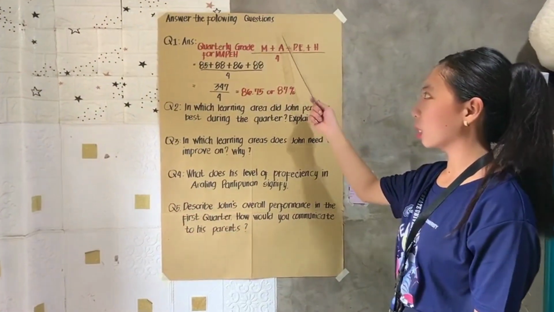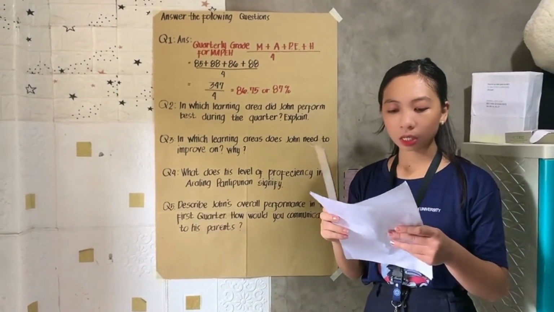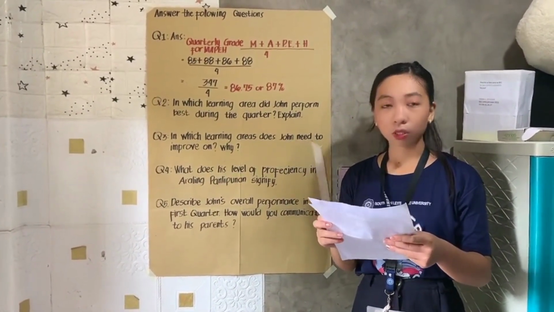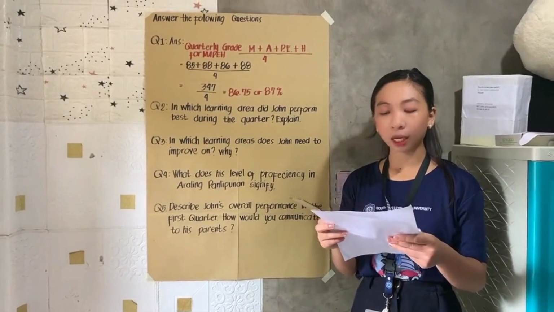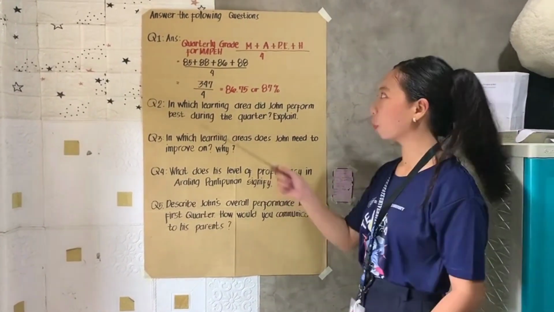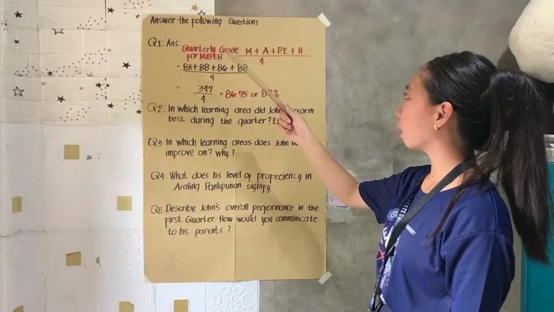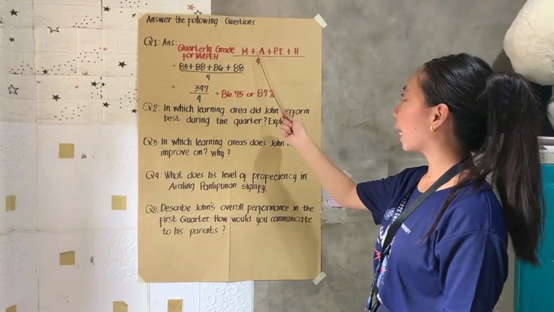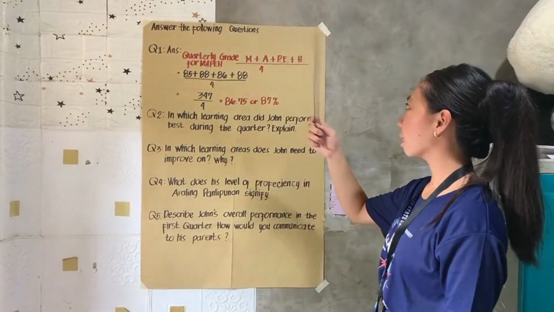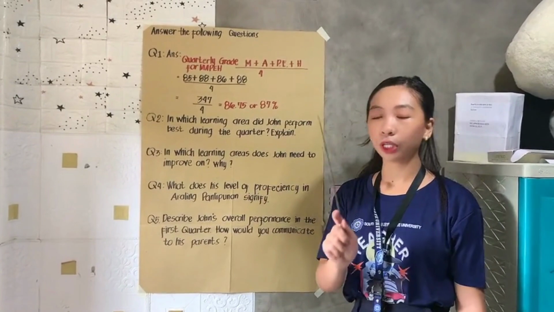Answer the following questions. So question number 1, what is John's composite grade in MAPE? How did you do it? So John's composite grade in MAPE is 87%. I solve it by computing using the formula, which is quarterly grade for MAPE, consisting the music grade plus the arts plus the physical education plus the health divided by 4, since that is in different learning areas.